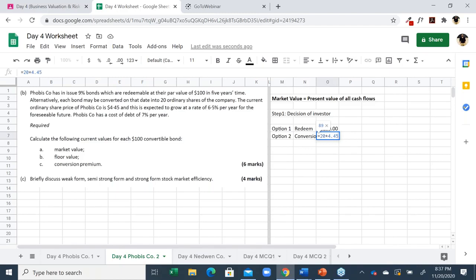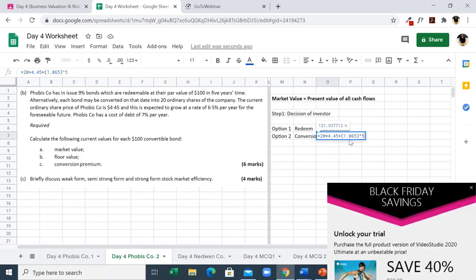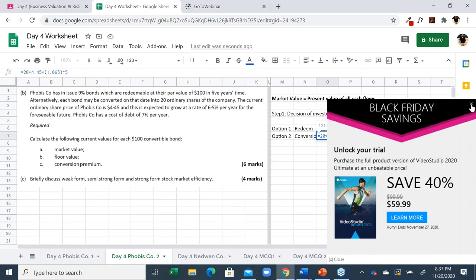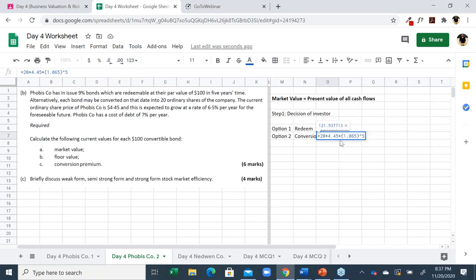But this is the current market price. After 5 years, it is certainly going to be different, and it is going to grow at a 6.5% rate. So let's inflate this price by 1.065 raised to the power 5, inflate it by 5 years, and see what will be the value of these 20 shares that the investor is going to get upon conversion. It's 121.937.